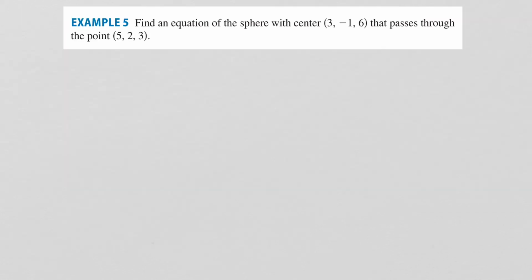As an example, let's find the equation of the sphere with the center at the point 3, -1, and 6 that passes through the point 5, 2, and 3. So we know that the equation of a sphere is x minus h squared plus y minus k squared plus z minus l squared is equal to r squared.